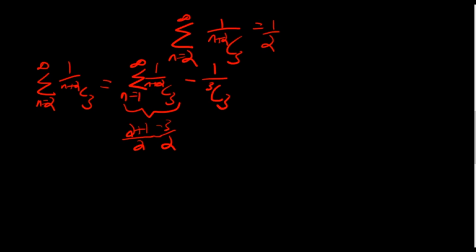And 3 choose 3, because there's 3s on top and the bottom, will just be 1. So we're just minusing 1, and 3 over 2 minus 1 is equal to a half, which is the required result.